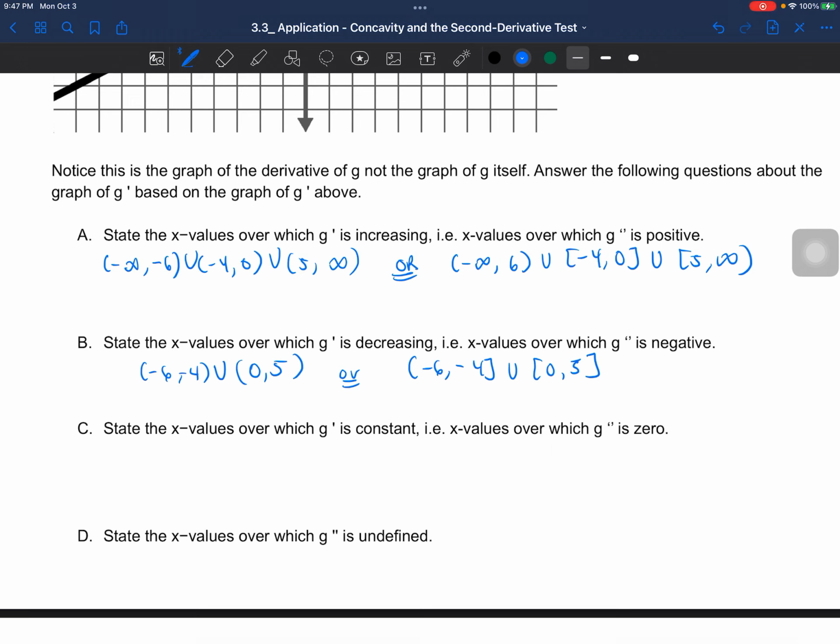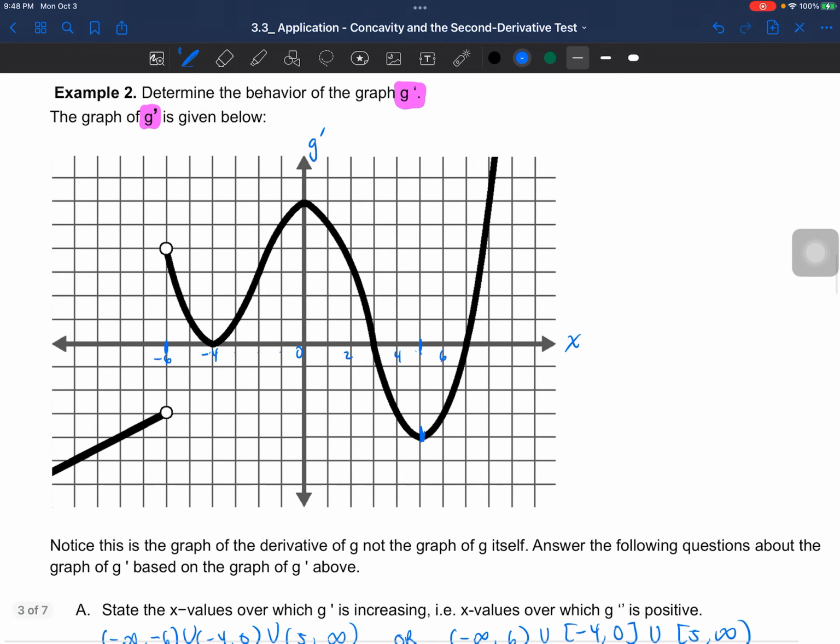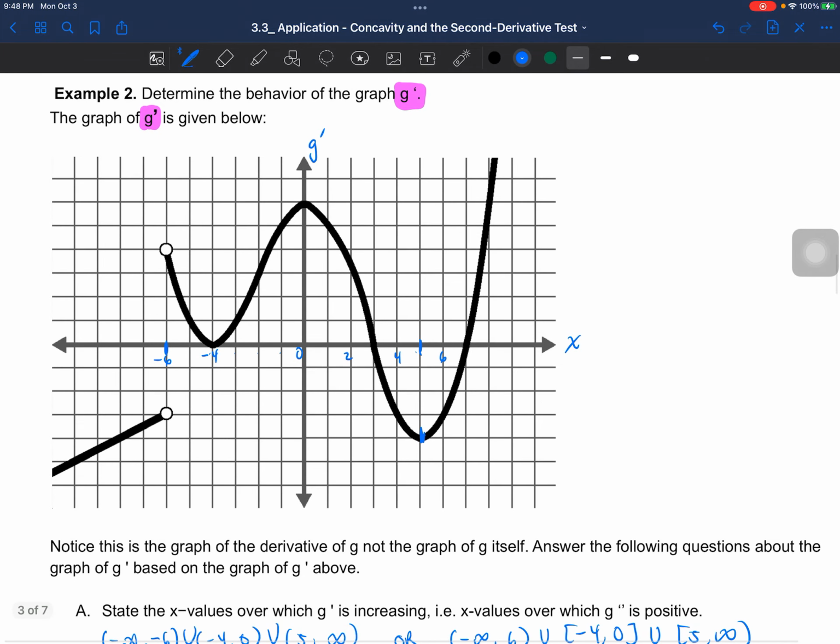And then lastly, the last two are: state the x values over which g prime is constant. Since we're given g prime, we can see where this is constant. This is increasing from here to here.